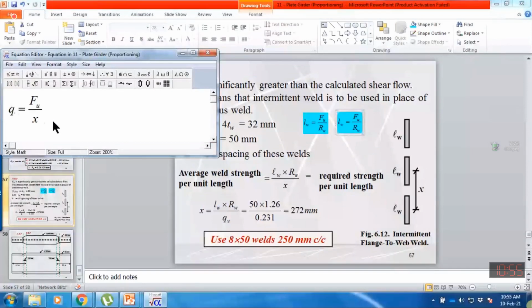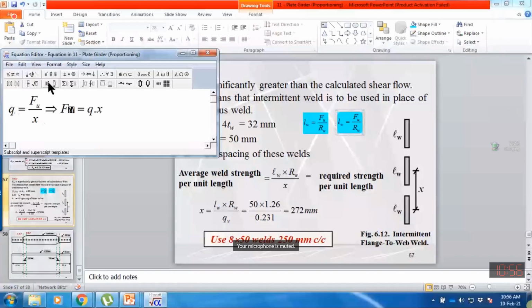So I need to substitute the Fu value in terms of Q dot X, because we do not have the Fu value, rather we have shear flow.